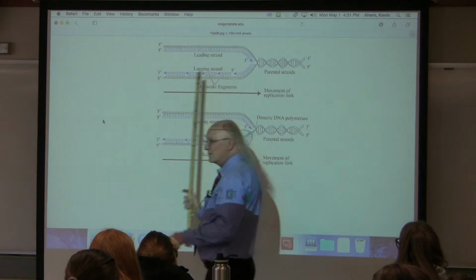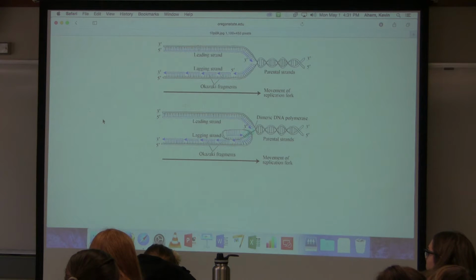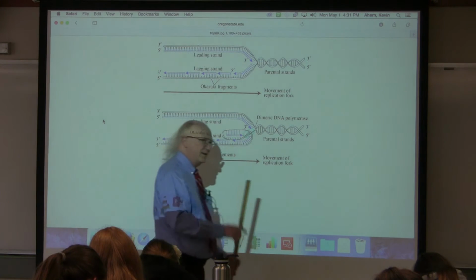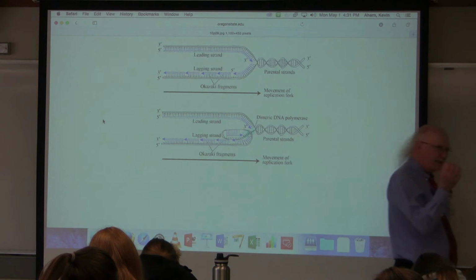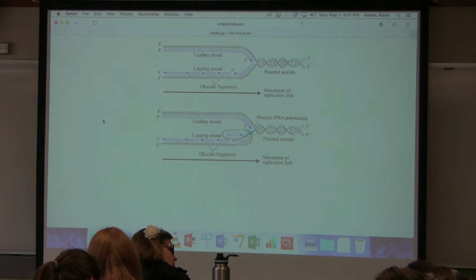DNA polymerase is moving along a replication fork at the rate of 1,000 base pairs per second. 1,000 base pairs per second. That's pretty hard to fathom. Okay? 1,000, can you imagine doing anything 1,000 times a second and getting it right?